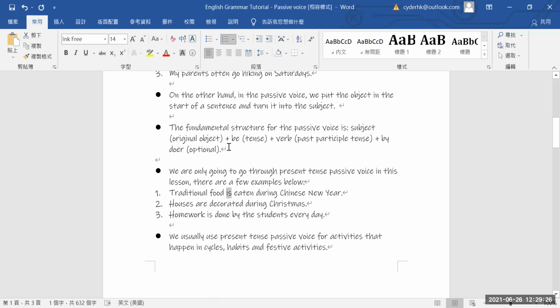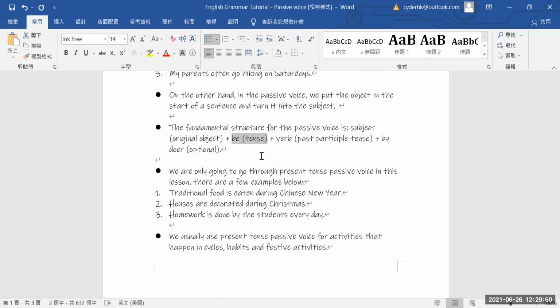Is is be with tense here. Be with tense actually changes into is because traditional food is uncountable, and it is also present tense. So we use is.